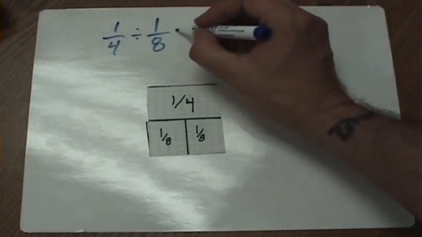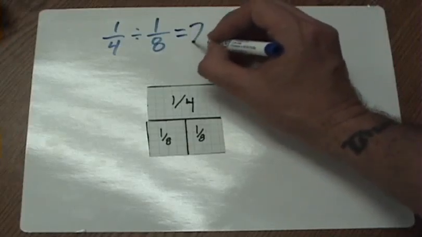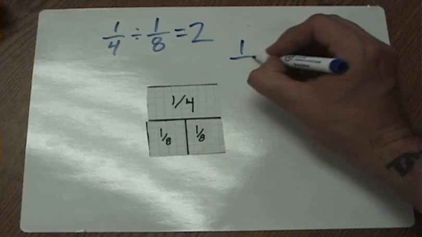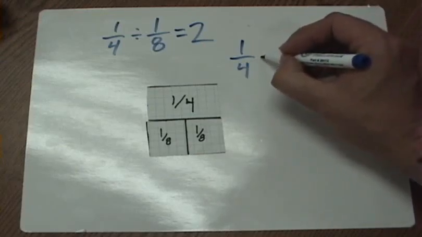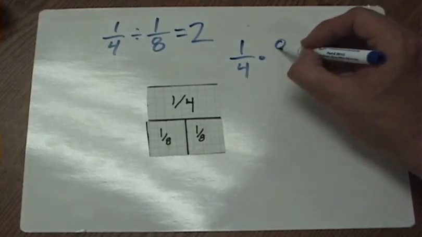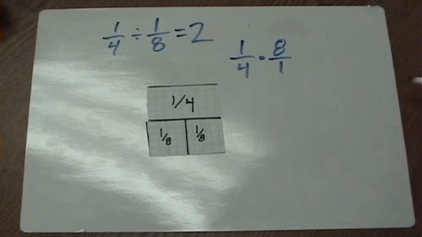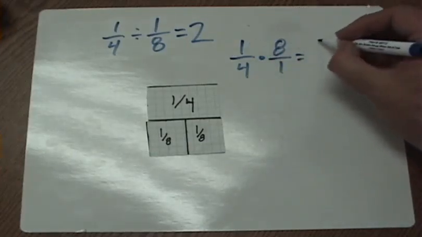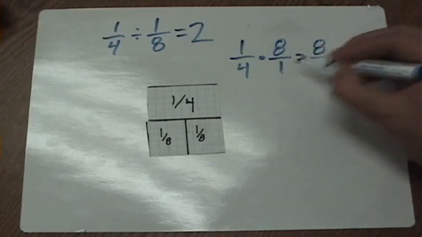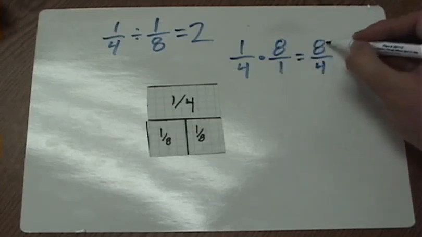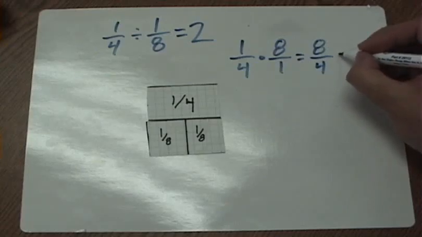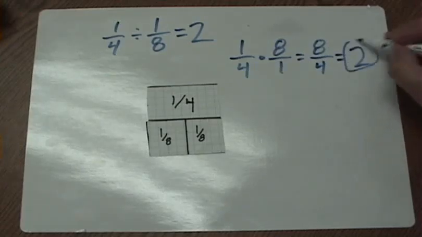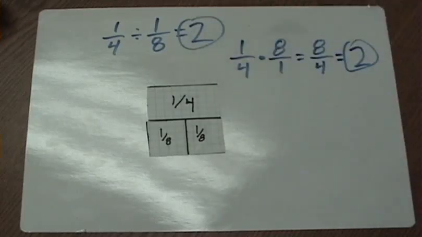So 1/4 divided by 1/8 is equal to 2. Now if I multiply by the reciprocal, or just flip the fraction, 1 times 8 is 8, 4 times 1 is 4, and 8 divided by 4 is 2. Again, same answer.